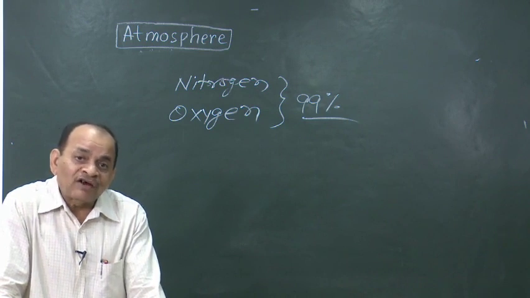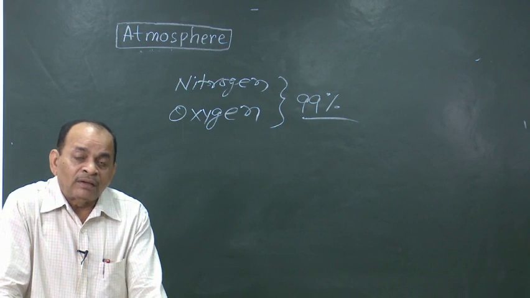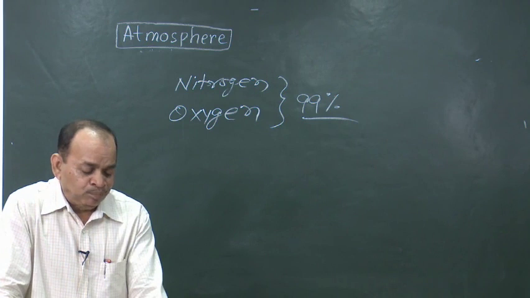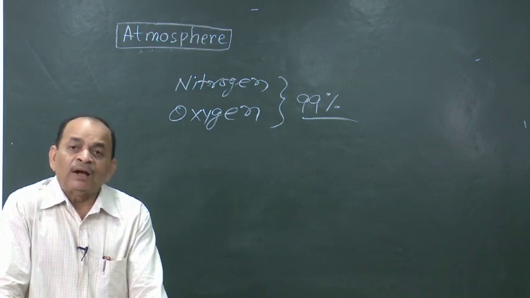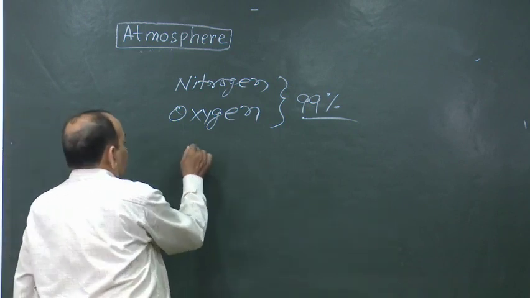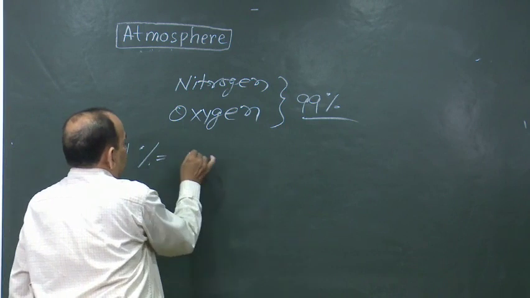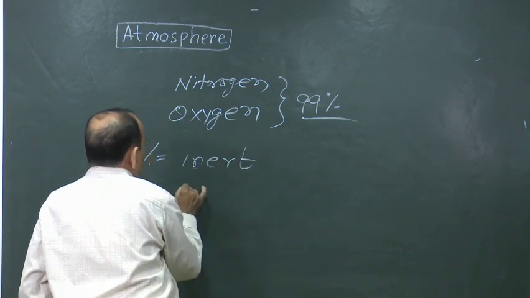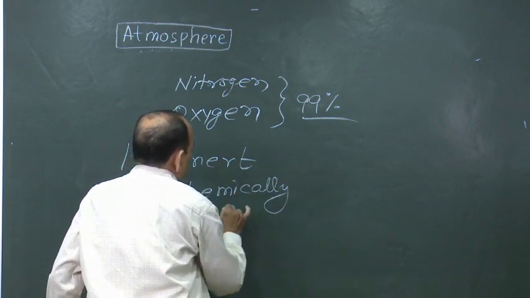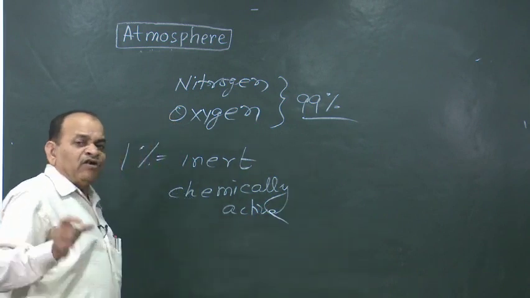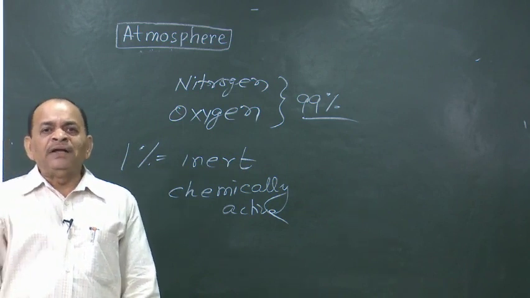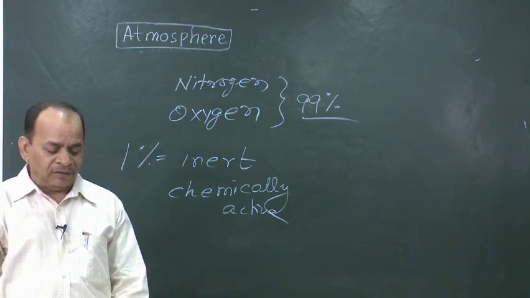So, only two gases contribute to 99% and the rest 1% comprises a large number of gases, some inert and some chemically active.